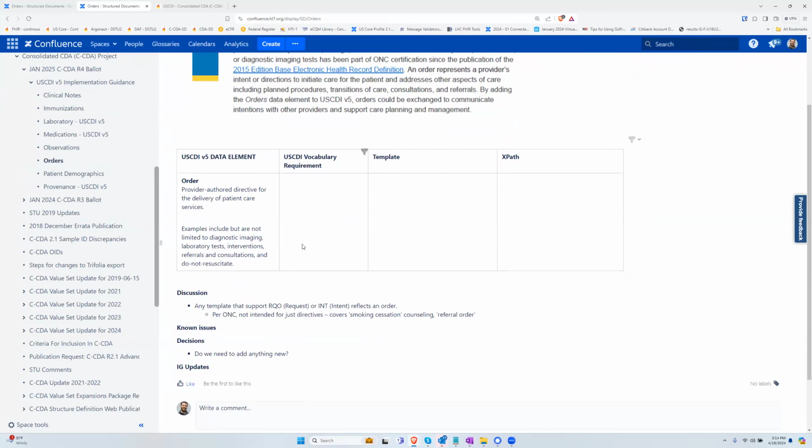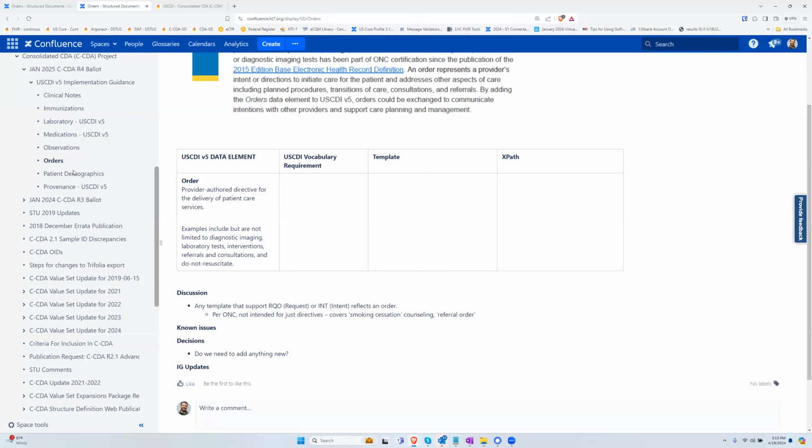That's not official guidance, but is there a possibility that something harder to represent in C-CDA could be considered an order? It could be that we would narrow it down to any one of our templates that are planned, whatever's. Right. Yeah.